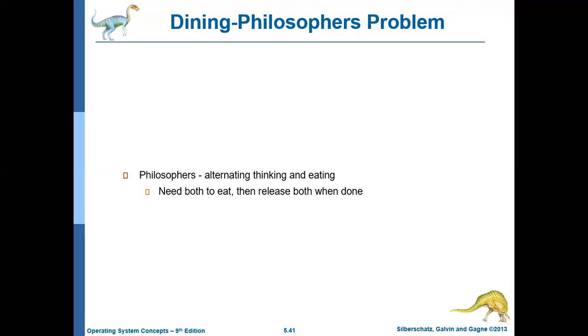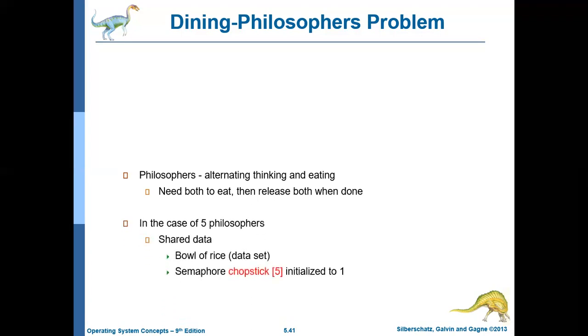If a philosopher wants to eat, he needs both the chopsticks. That is, he just cannot eat with only one chopstick. So first he will pick the chopstick from his left, and then he will pick the chopstick from his right, and then he will eat. Okay, so this is the idea.